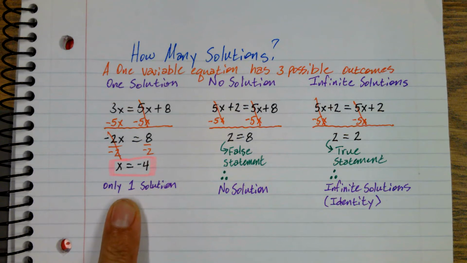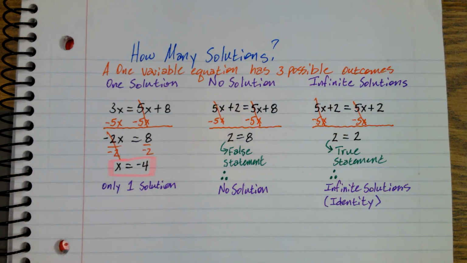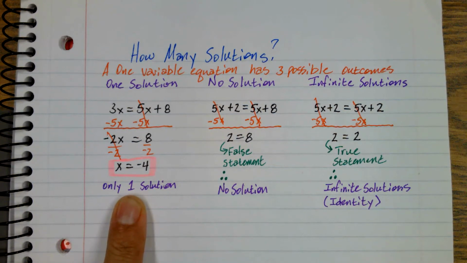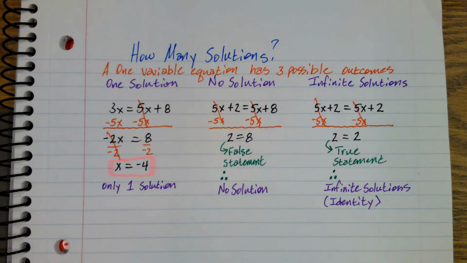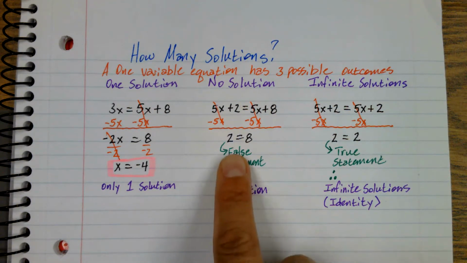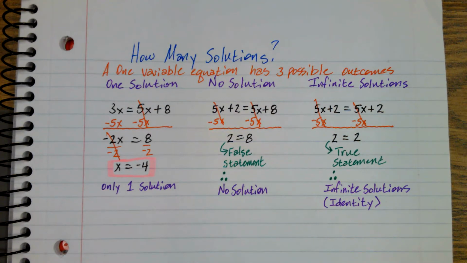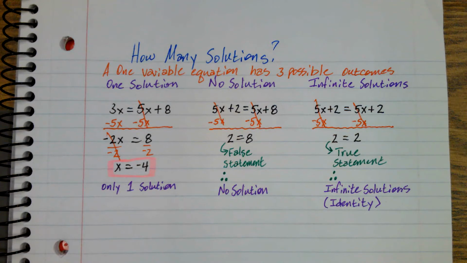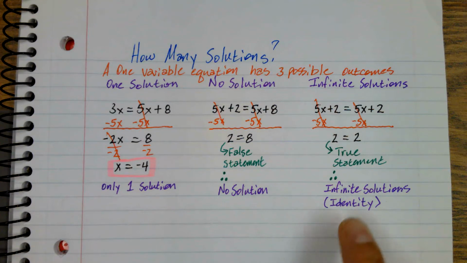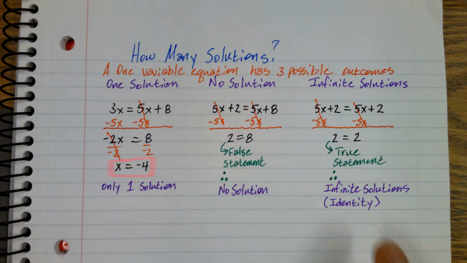So here, only one number is an answer in our first example, -4, only one answer. Most of the time, 90% of the time, this is what you'll get. Okay? Then every so often, you're going to get a false statement like -5 equals 17, whatever. That means there's no answer, no solution. Every so often, you're going to get a true statement when the variables cancel. And that means there's infinite solutions.